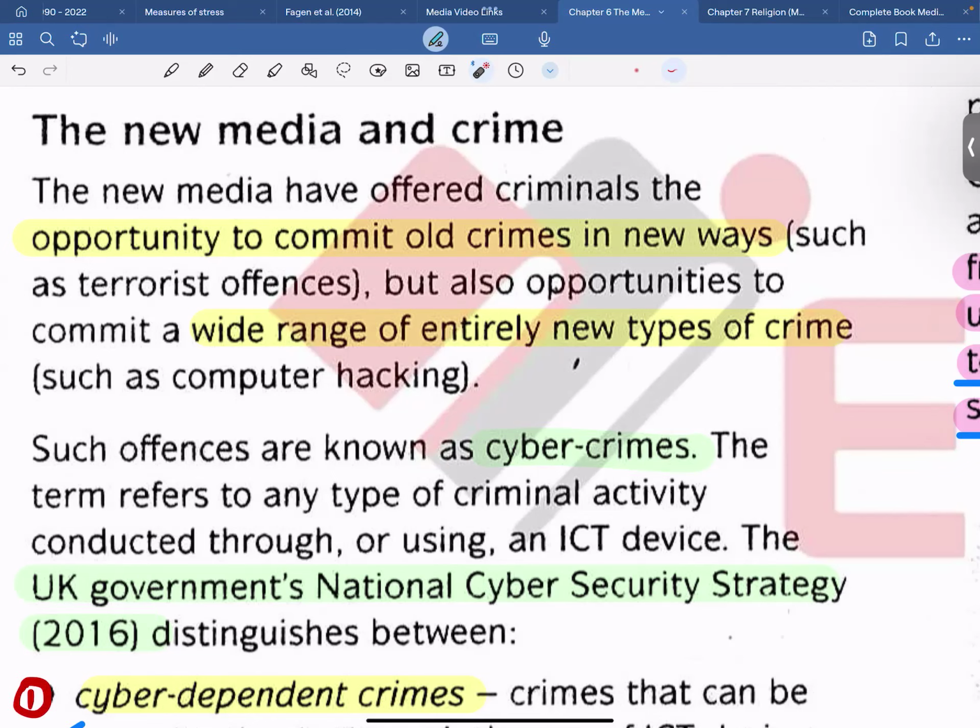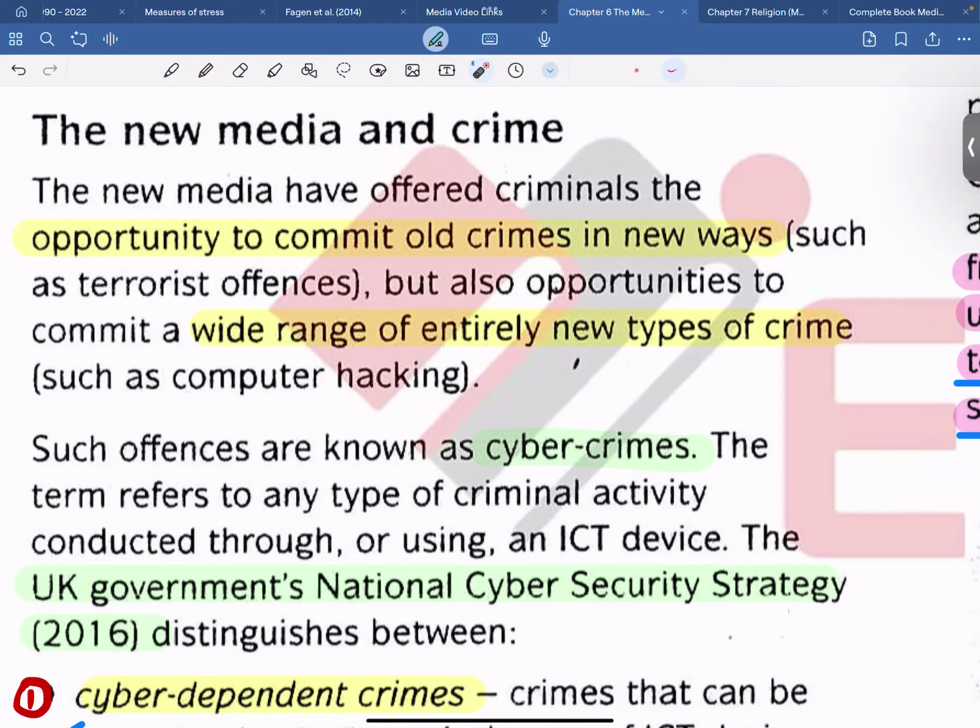Number one, older crimes have been remodeled to be done in a newer manner. Number two, there is a wider range of entirely new types of crime that weren't thought of before, like hacking. Such offenses are known as cybercrimes.